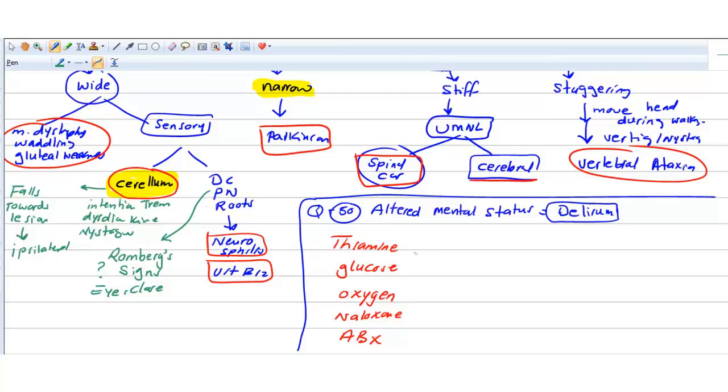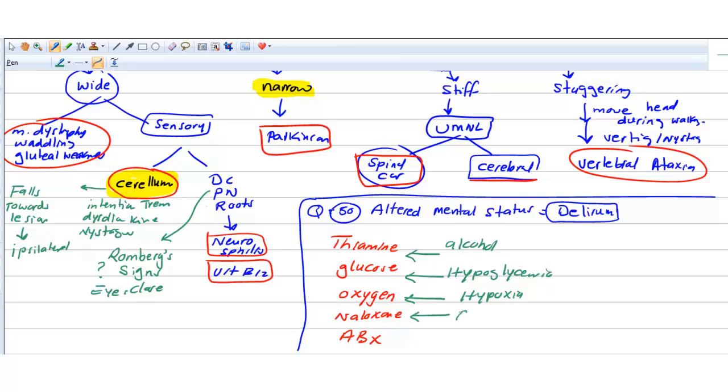For thiamine, we are talking about alcohol problems, ataxia, and confabulation, so we're talking about Wernicke. Glucose, we are talking about hypoglycemia, which could present as delirium, or as anything, by the way. Oxygen, any hypoxia problem, whether it's COPD exacerbation, asthma, or whatever.